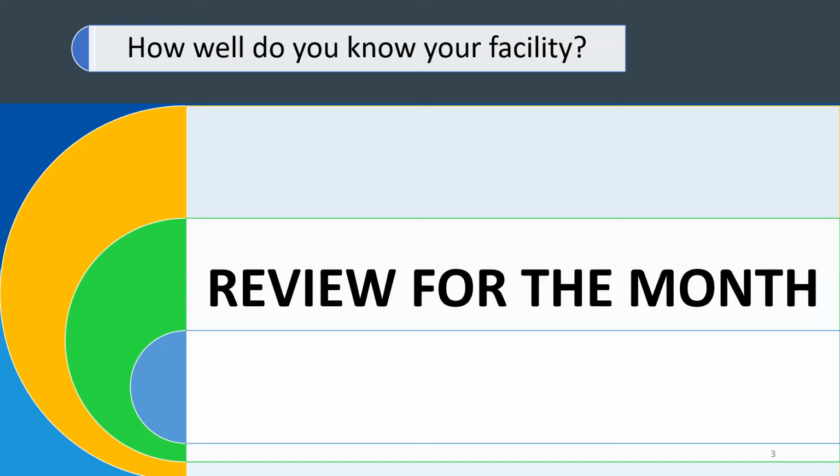We are looking at the facilities in the aerodrome. We are trying to gain a better understanding of what goes into deciding what facility we provide in our aerodromes. So we are trying to answer the question, how well do you know your facility?